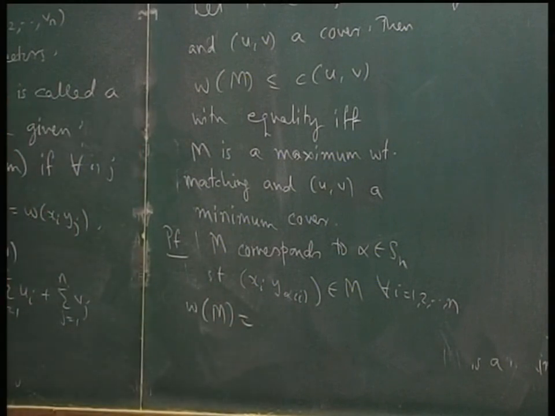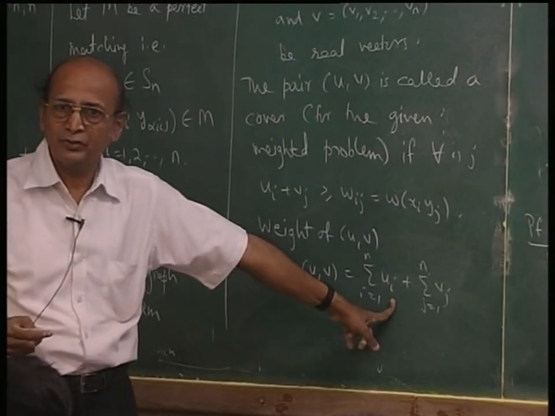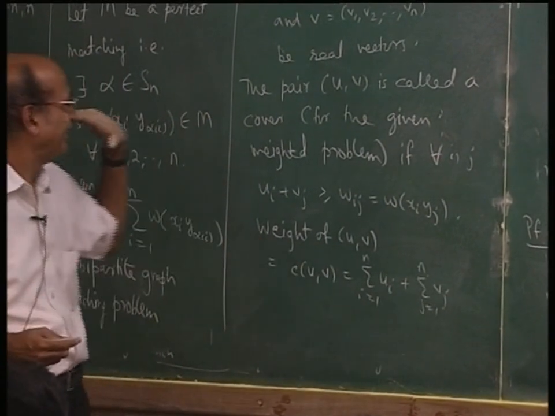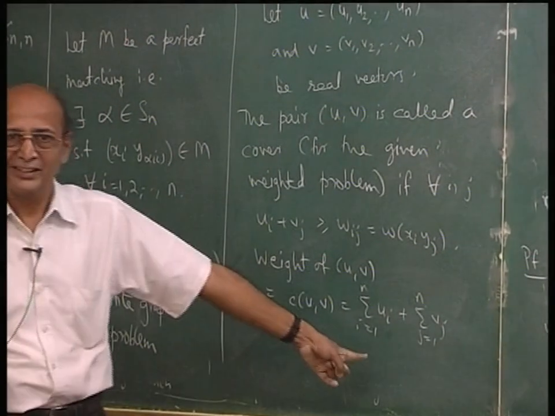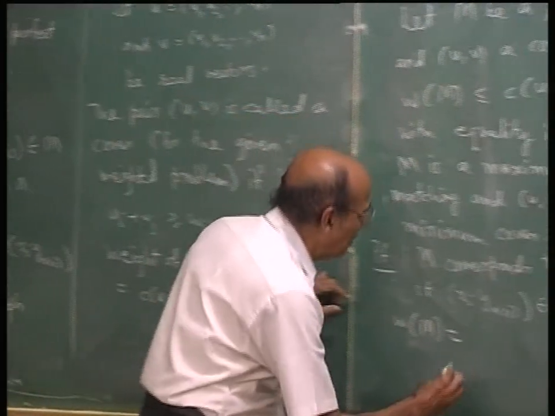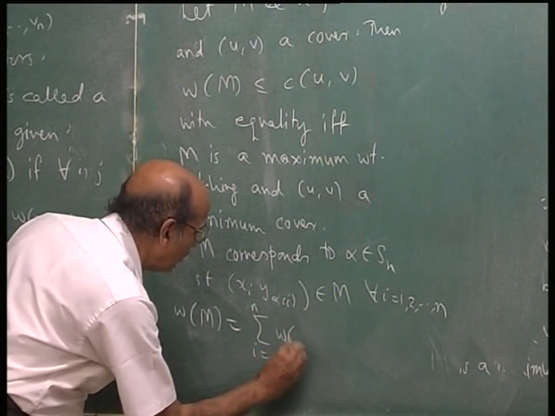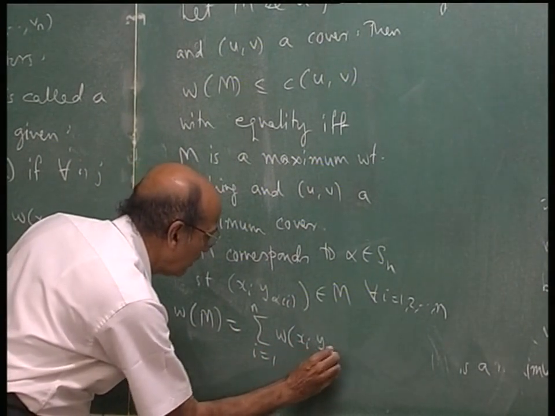That is the definition. Yeah, it's defined that way. Okay. What is W of M? W of M is equal to the sum, i from 1 to n, of the weight of x_i y_alpha(i).